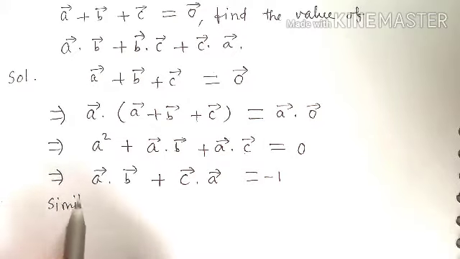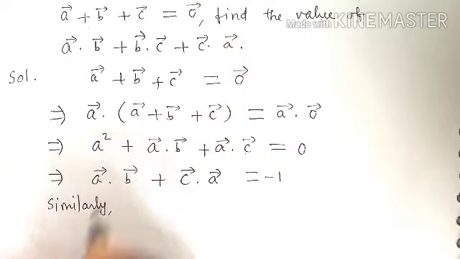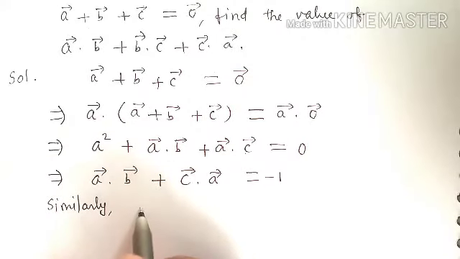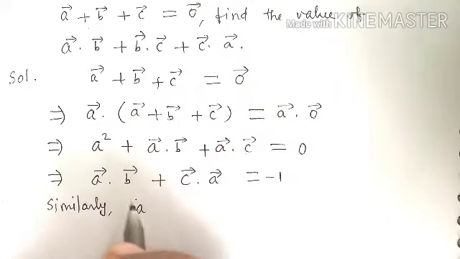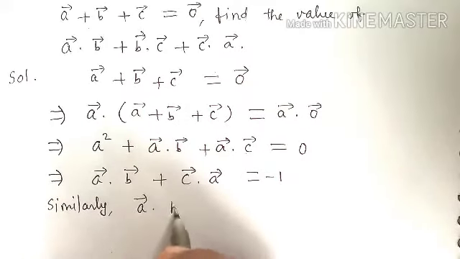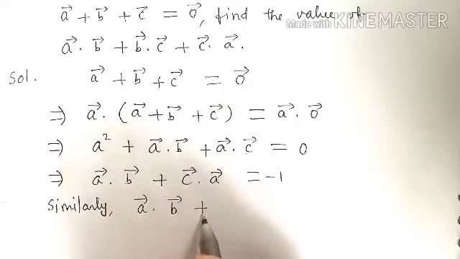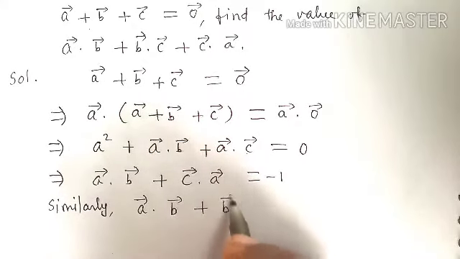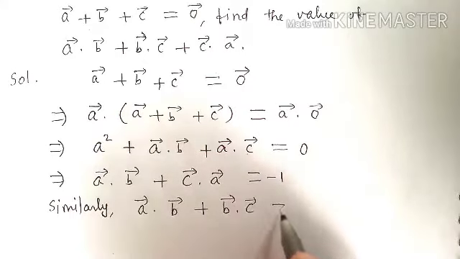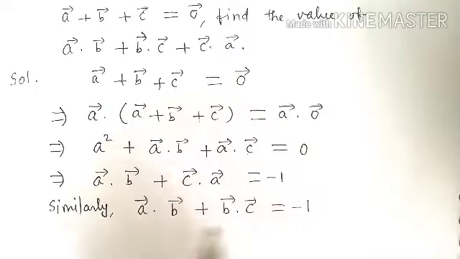Similarly, vector A dot vector B plus vector B dot vector C is equal to minus 1.